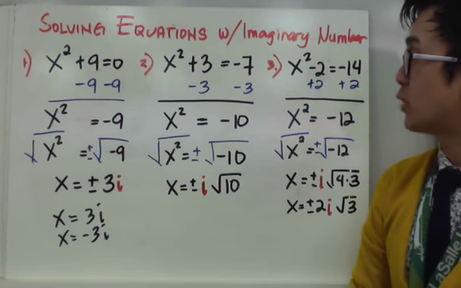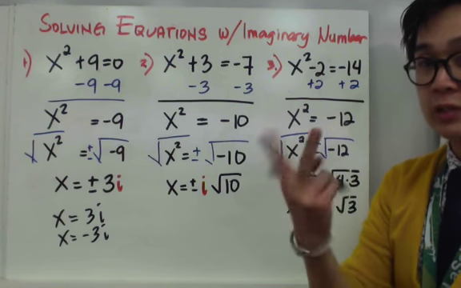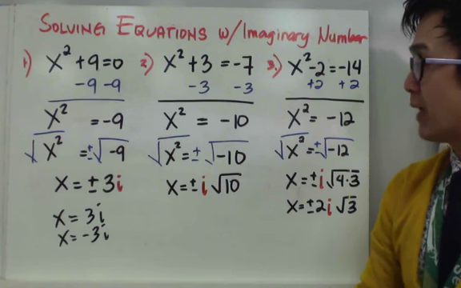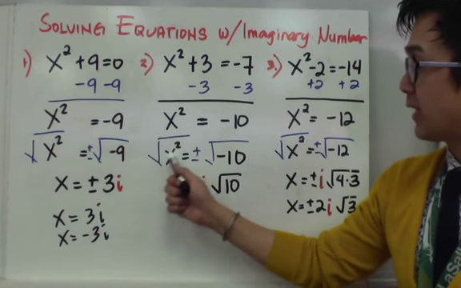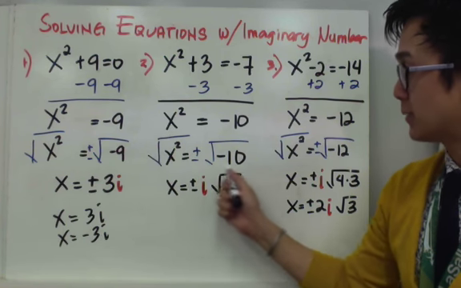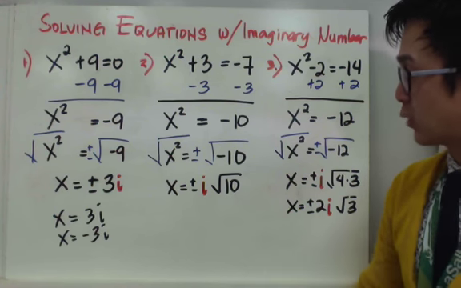Now for number 2, we have x squared plus 3 equals negative 7. We need to have x by itself. We need 2 steps to get rid of the number and the exponent. So we'll end up with x squared is equal to negative 10. Taking out the exponent by taking the square root of both sides, we have plus or minus i square root of 10. And why is it i square root of 10?